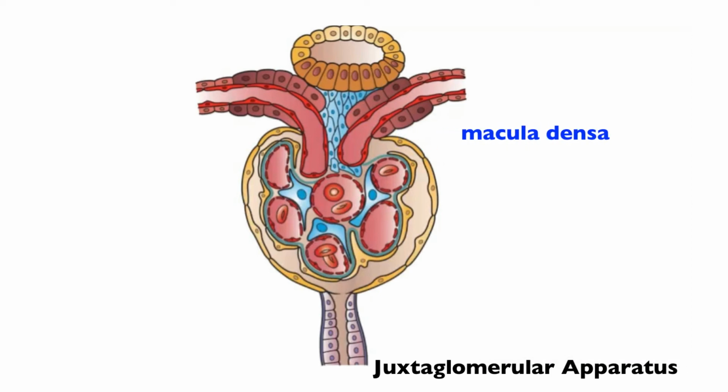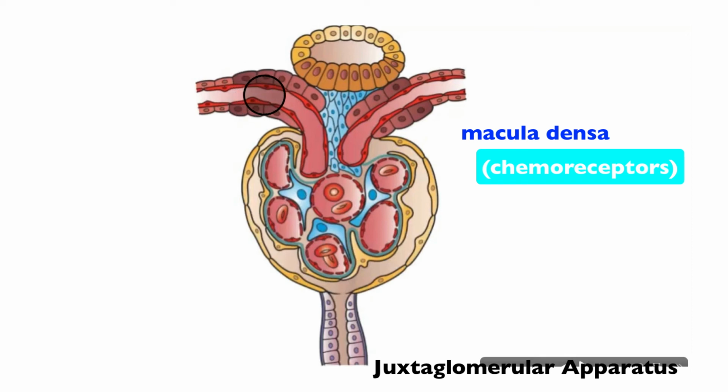So this concentration of specialized epithelial cells creates a structure known as the macula densa. And these are chemoreceptors that are evaluating the filtrate moving through the nephron, specifically at the distal end of the loop of Henle at the beginning of the distal convoluted tubule. And mainly the composition or the concentration of sodium.